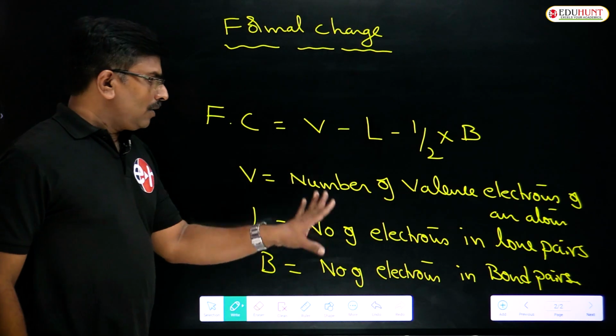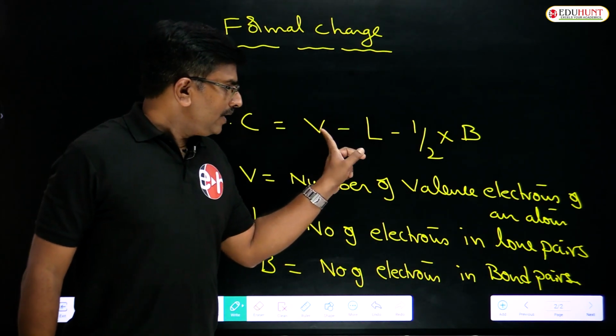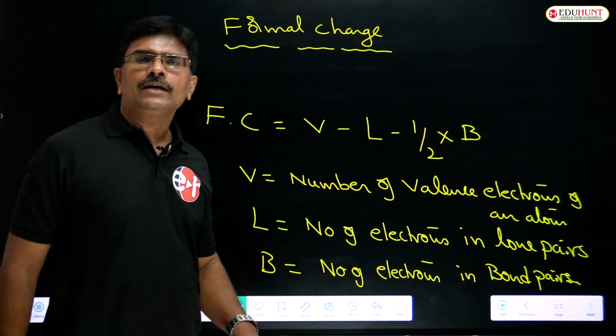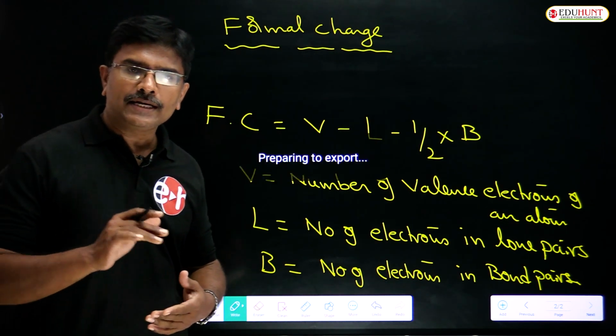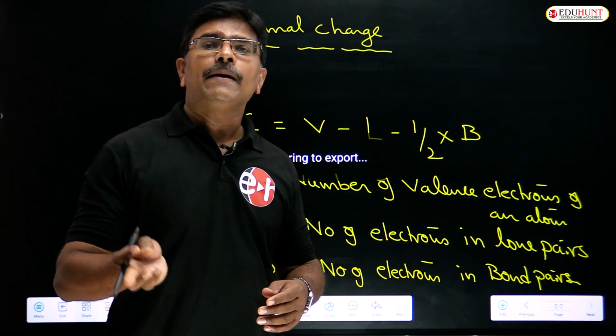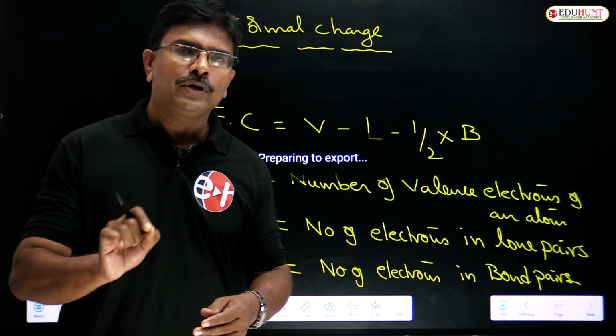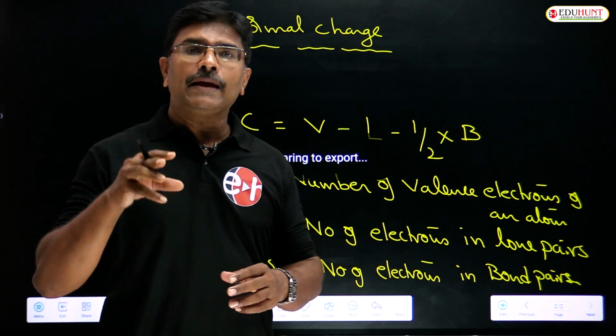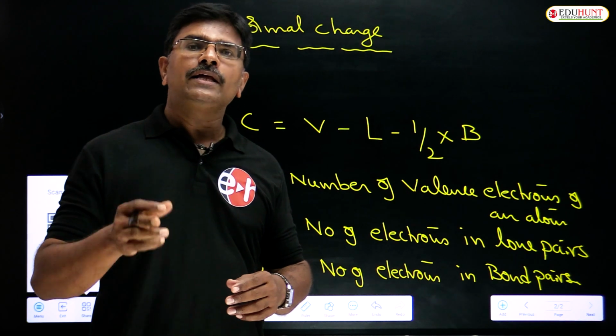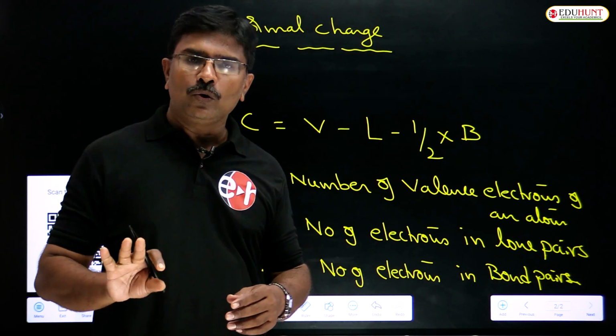So now you have got what V, L and B are. V is the number of valence electrons possessed by that atom. L is the number of electrons in lone pairs. Please remember, we are not counting the number of lone pairs; we are counting the number of electrons present in lone pairs.